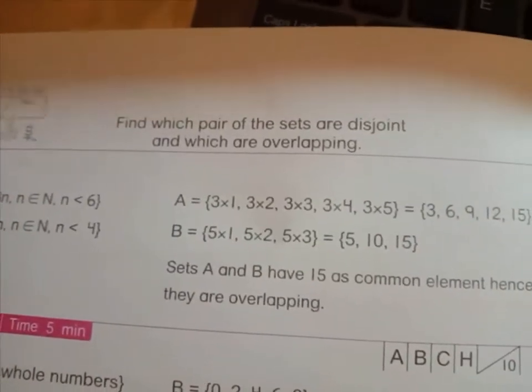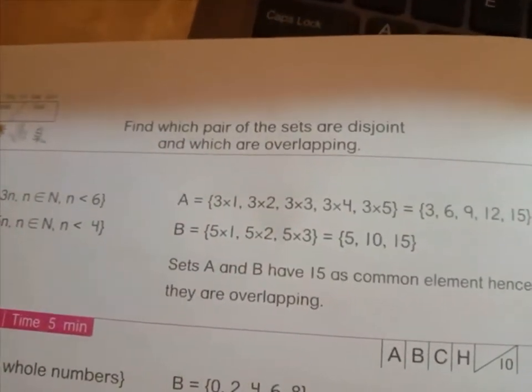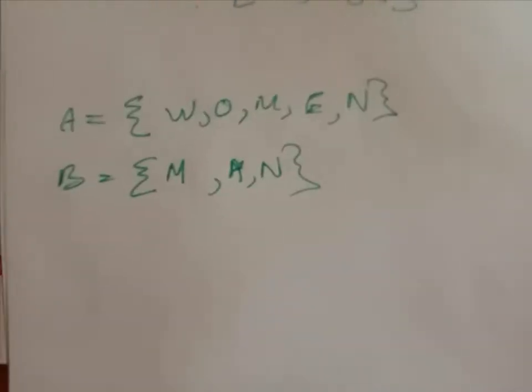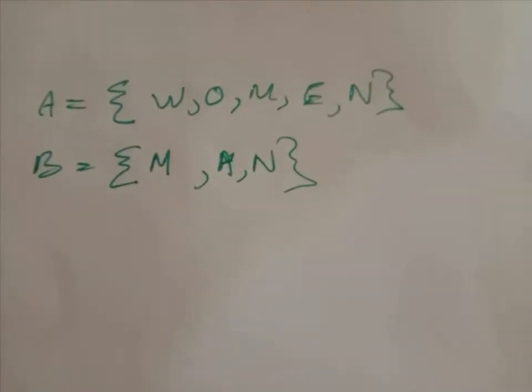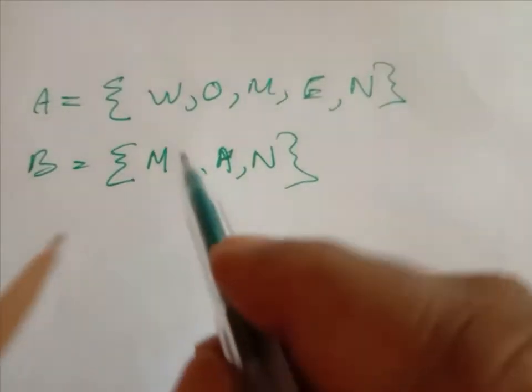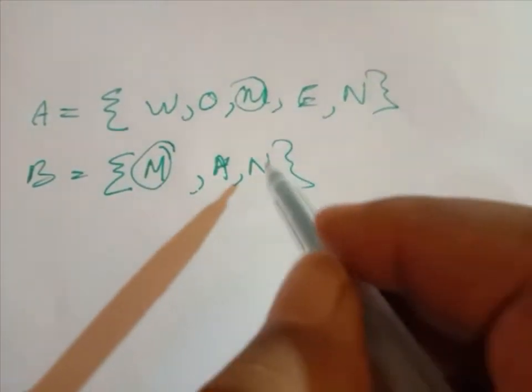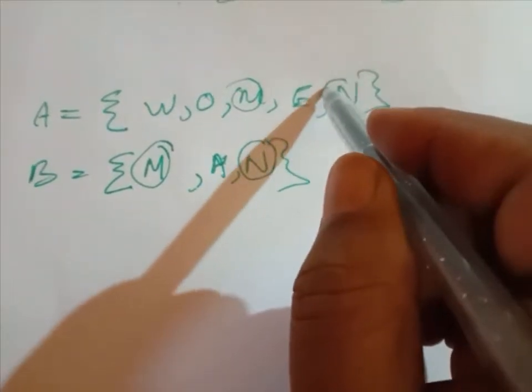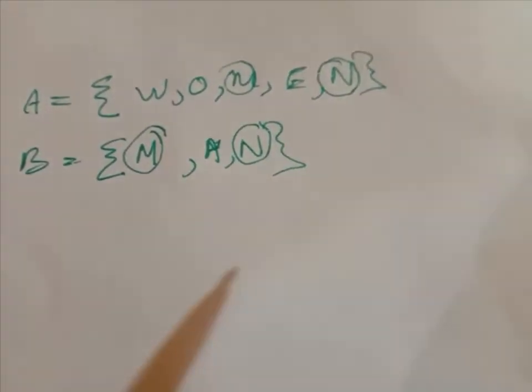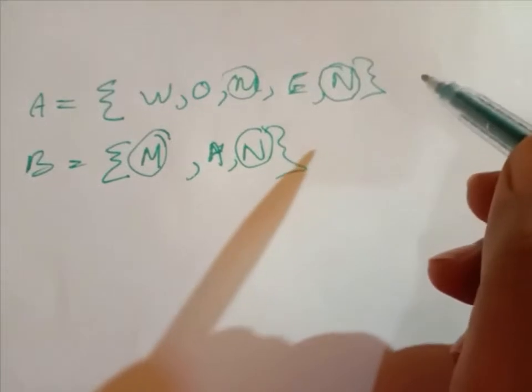Now we have to find which pair of sets are disjoint and which are overlapping. So this is our question, set A and B. Here we can see clearly that this M and M and this N and N are common elements.